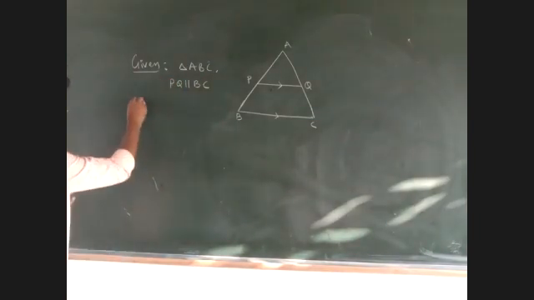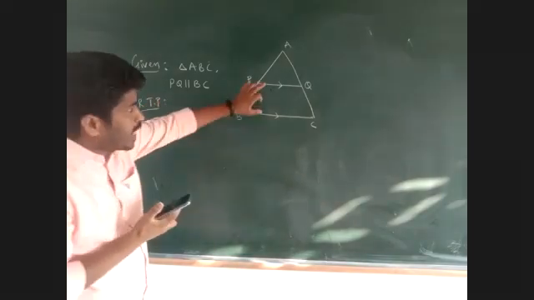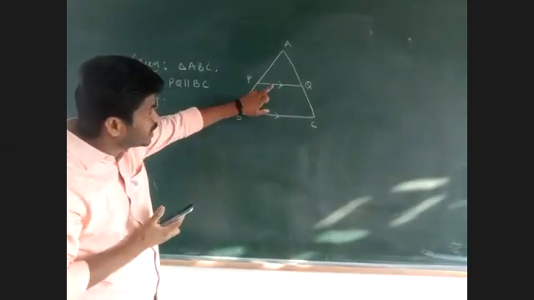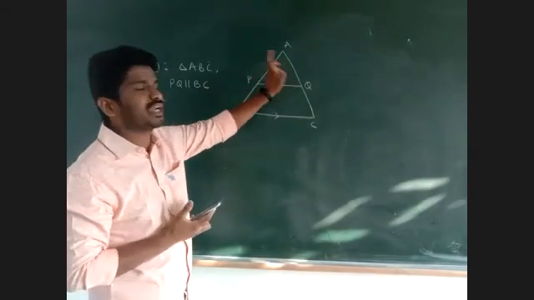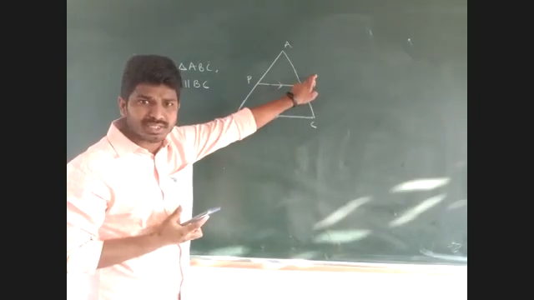Next step is RTP, required to prove. If PQ is parallel to BC, this line PQ divides the other two sides in the same ratio.